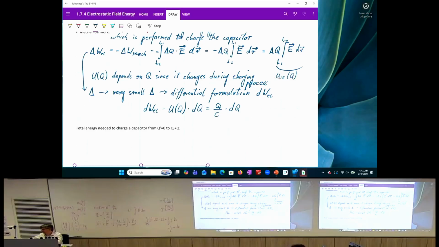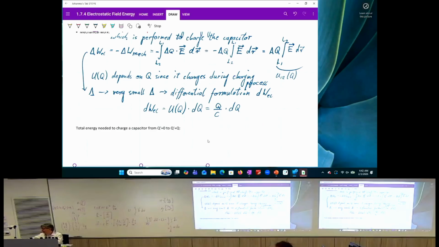The definition of our voltage is how much work per charge we have to perform. That was our definition of the voltage, work per charge. So now this is our work per charge times the charge. And now we make this very small, so we get into a differential formulation. So this becomes dW electric.